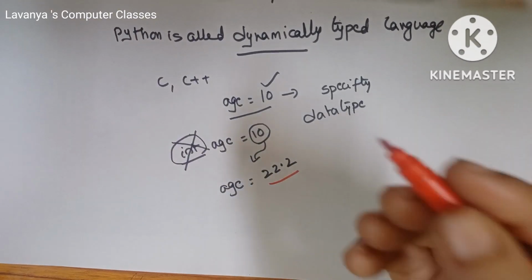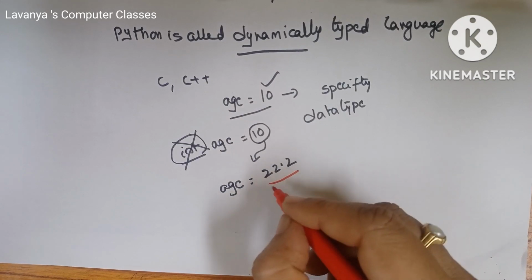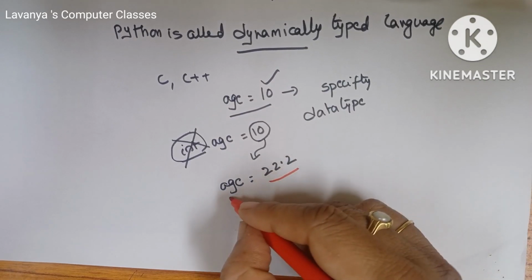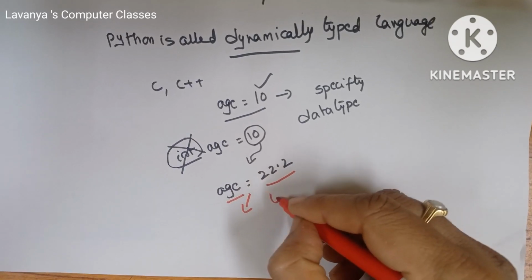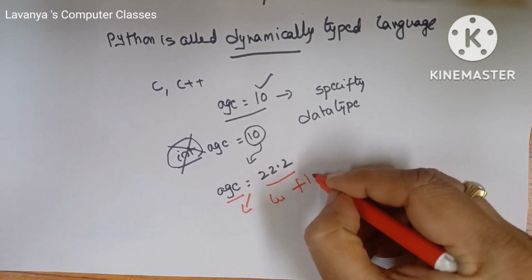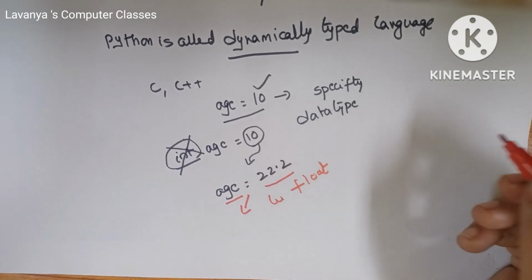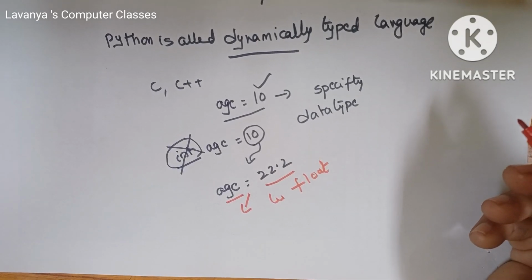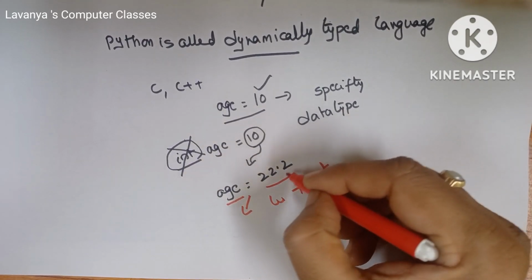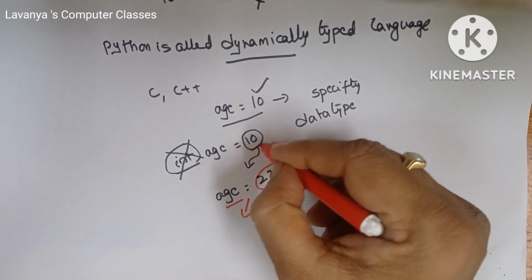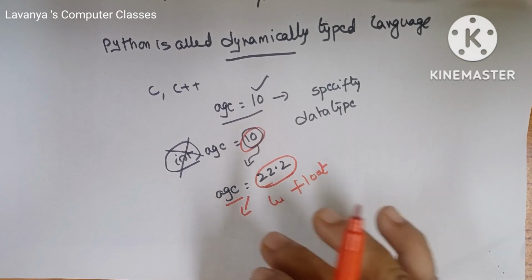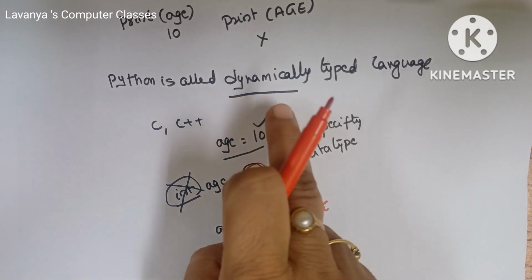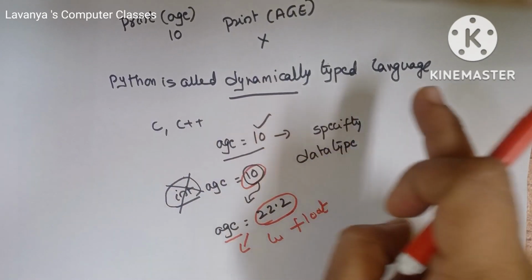Float data type means decimal value. So whenever you give the value for age, it is automatically treated as a float data type. Depending upon the values entered, it automatically takes the type of the variable also. That's why it is called a dynamically typed language.